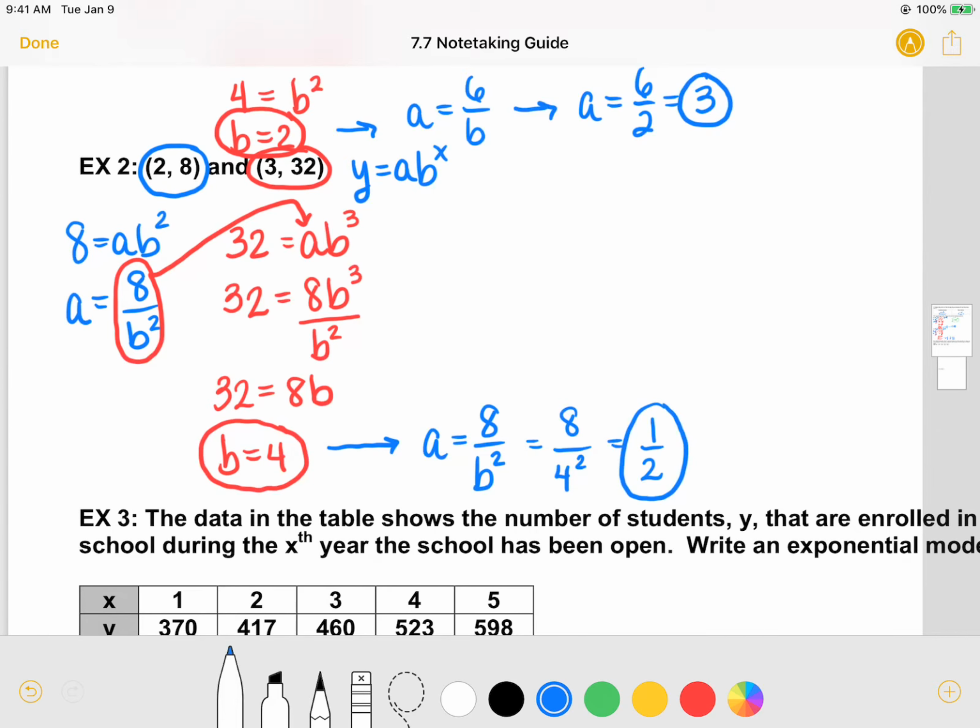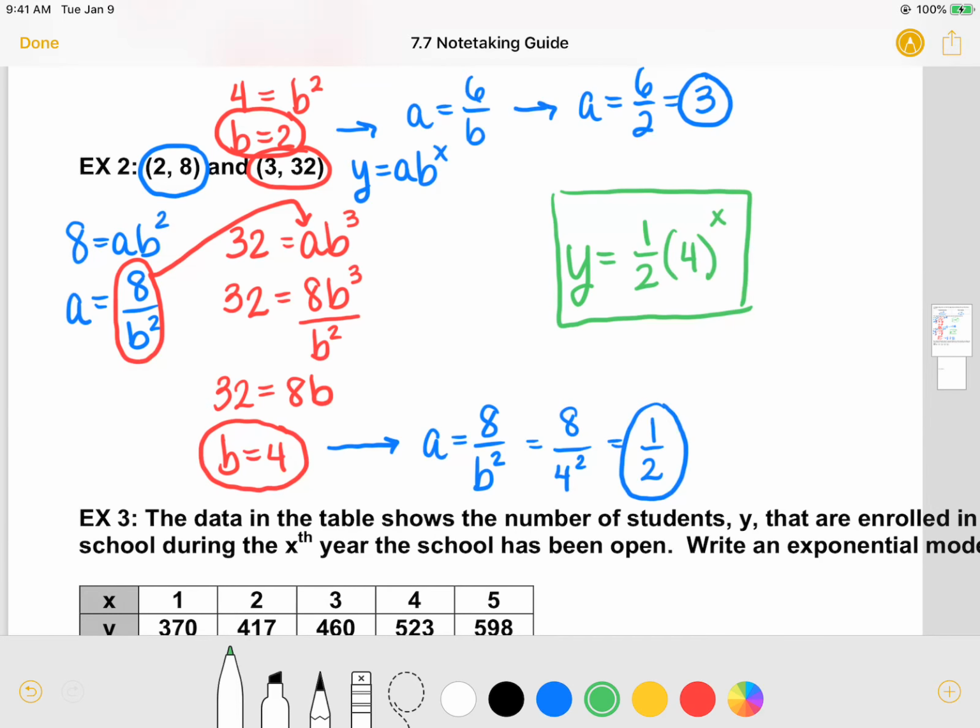So that is the value of a there. A is 1/2 and b is 4. So then we can write our model here, which is y is equal to 1/2 times 4 raised to the x power. So that right there is our exponential function.